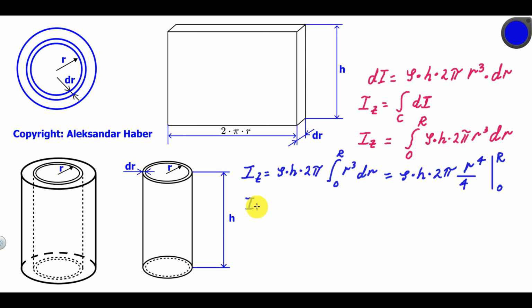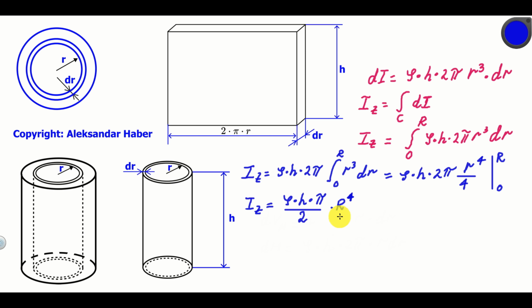Our moment of inertia is equal to, 2 and 4 can be cancelled, so we are left with rho multiplying h multiplying pi, divided by 2, and if we substitute the bound, we will have r to the power 4. And this is the final expression.